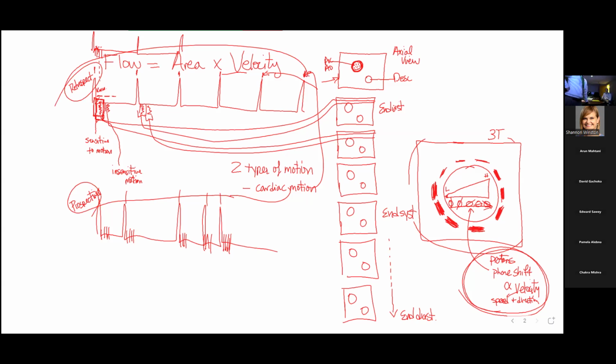But there's another type of motion in the chest when we're trying to measure the aorta or when we're trying to measure LV function, and that is respiratory motion.